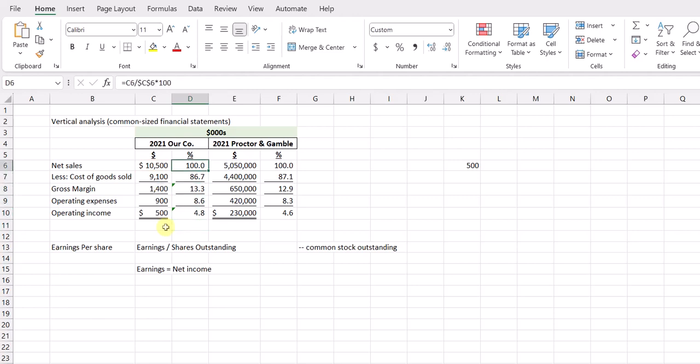Okay. And now this gives us some idea of what our yields are per sales. So we could look at this simply and say, oh, for every dollar of sales, we're generating 4.8 cents of operating income. Okay, see how that works? For every dollar of sales, we're generating a gross margin of 13.3 cents.